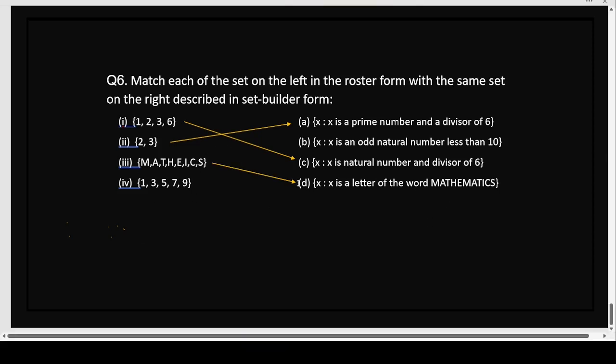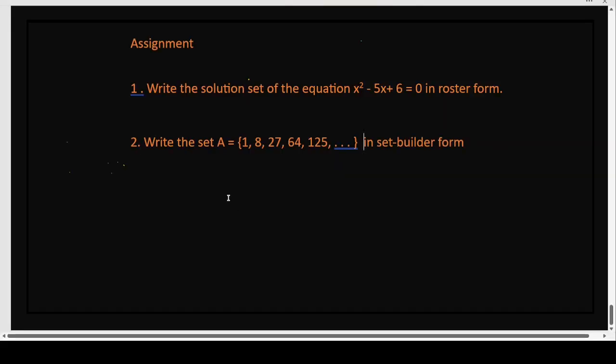This roster form is matching with D. The last one, 1, 3, 5, 7, 9 is x is an odd natural number less than 10. This matches with B.